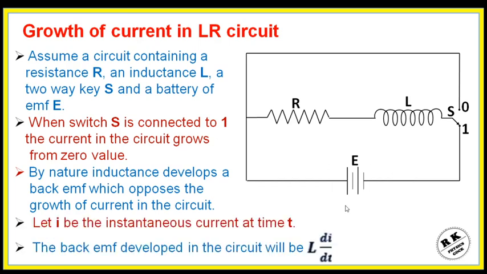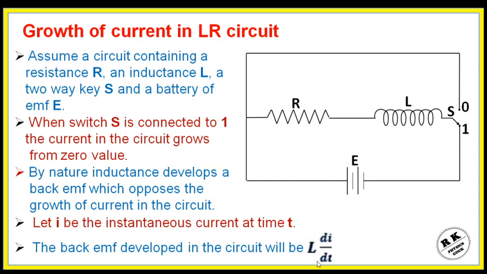We know that the back EMF developed in the circuit due to inductance is given by L times di by dt. E is the original EMF in the circuit and L times di by dt is the back EMF produced in the circuit. So the effective EMF will be E minus this one.